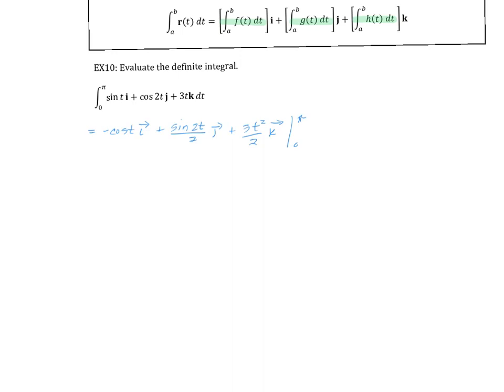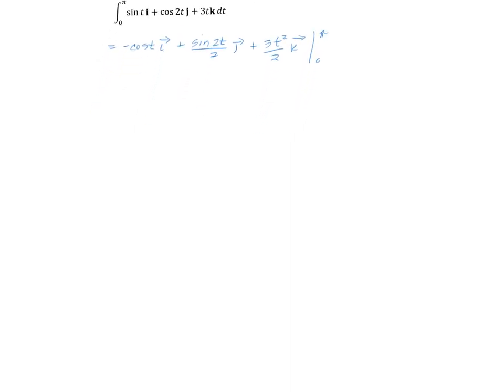So at this point, since each component i, j, and k is going to be evaluated from 0 to pi, I do not need to split this up into separate pieces. The only reason why I would do that, again, is if I was using a special technique for one or more of the components and my limits of integration changed. So putting in pi, this becomes negative cosine of pi, which would be a negative 1.